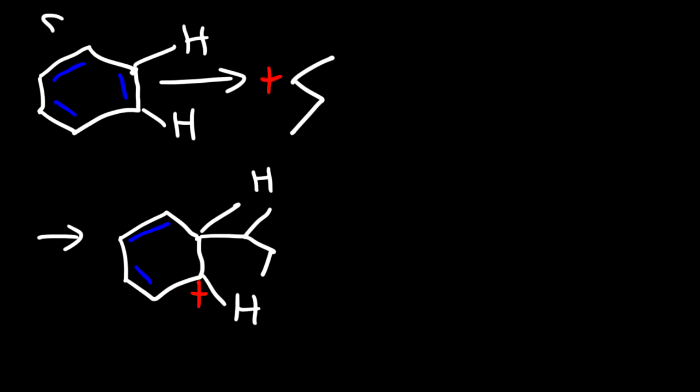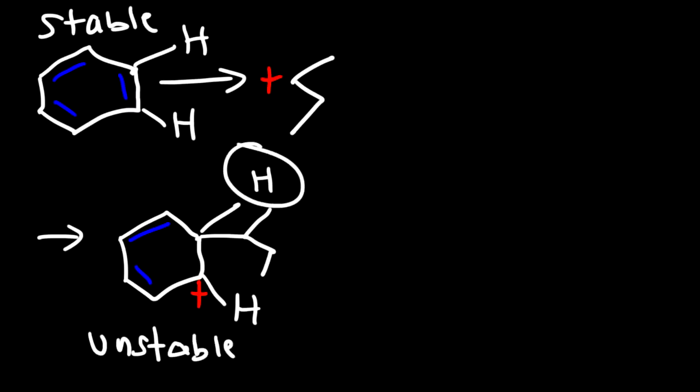Notice that we went from a stable aromatic ring to an unstable intermediate. Therefore, this hydrogen is very acidic. It wants to leave so that the benzene ring, or this intermediate, can reform the aromatic ring.